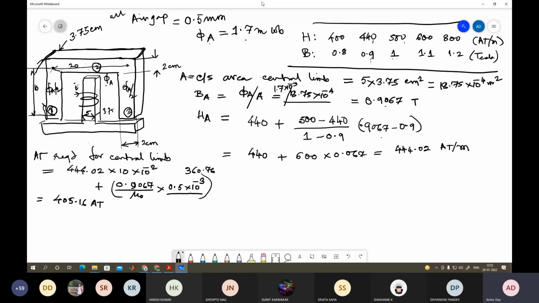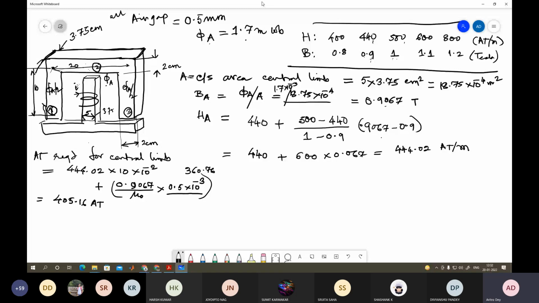So for that, what is the flux here? Flux for this path is phi a by 2, which is 1.7 by 2 into 10 to the power minus 3 Weber. And what is your cross section area? Here the cross section area is different.